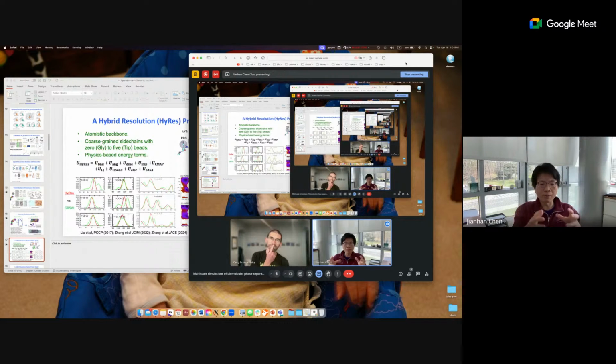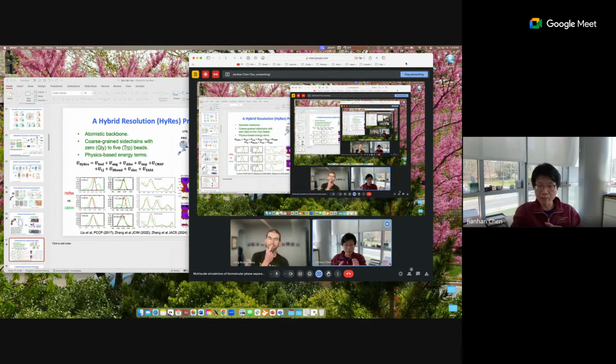For some of the disordered proteins, because it's such an important class of protein, there is now pretty high quality data on probably 50 or 60 sequences. But for RNA, the only data we can find is on two of them, poly A and poly U, with these detailed structural properties. These are really difficult data to have.